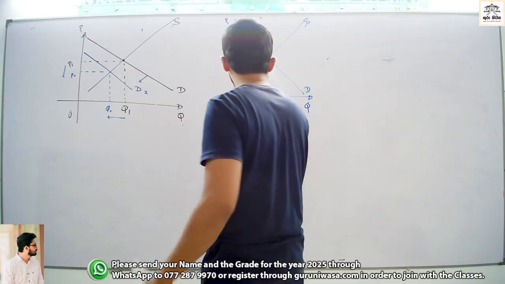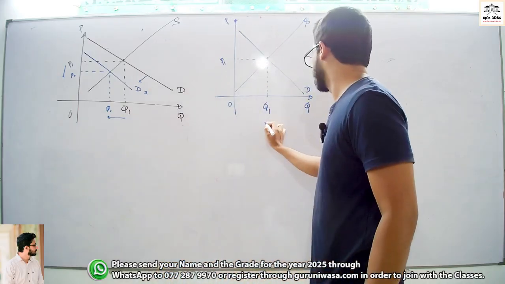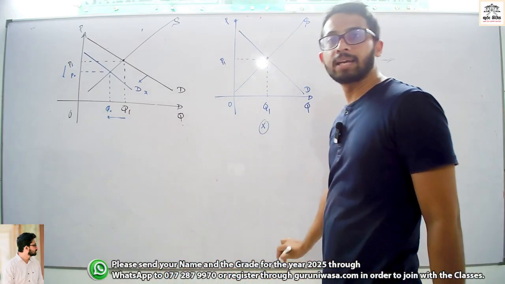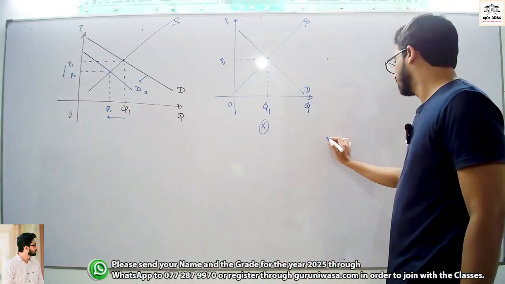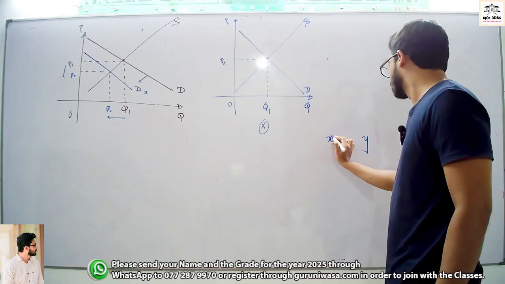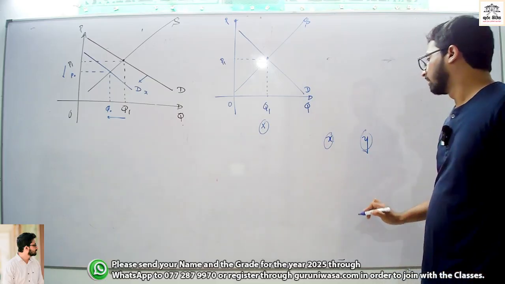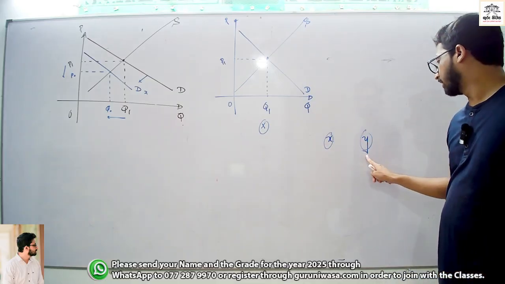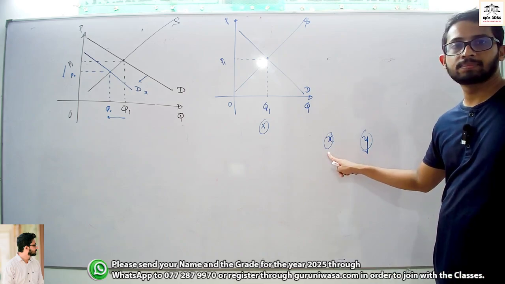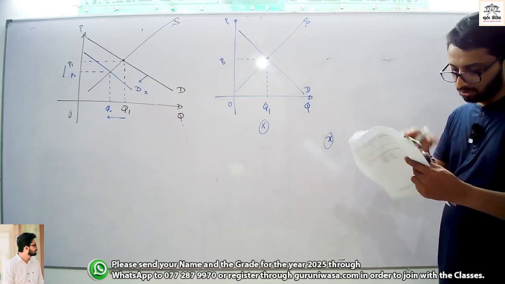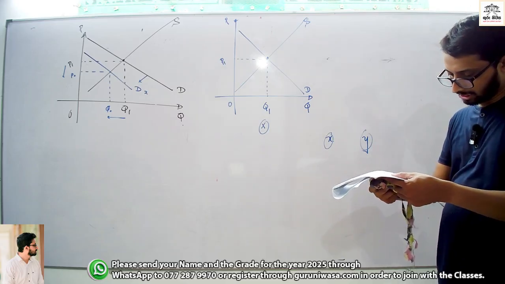This is equilibrium for product X. What does substitutes mean, Lamai? People can use good Y instead of good X.